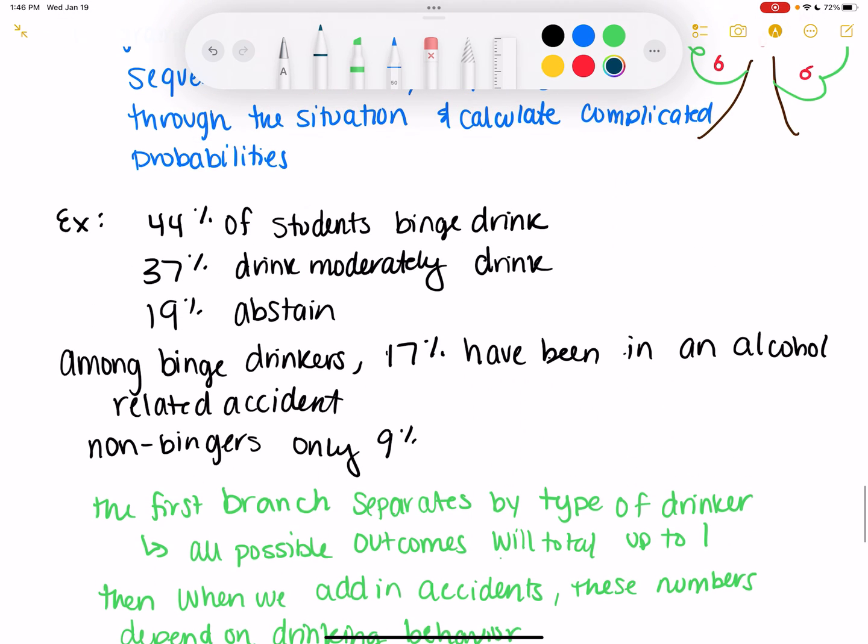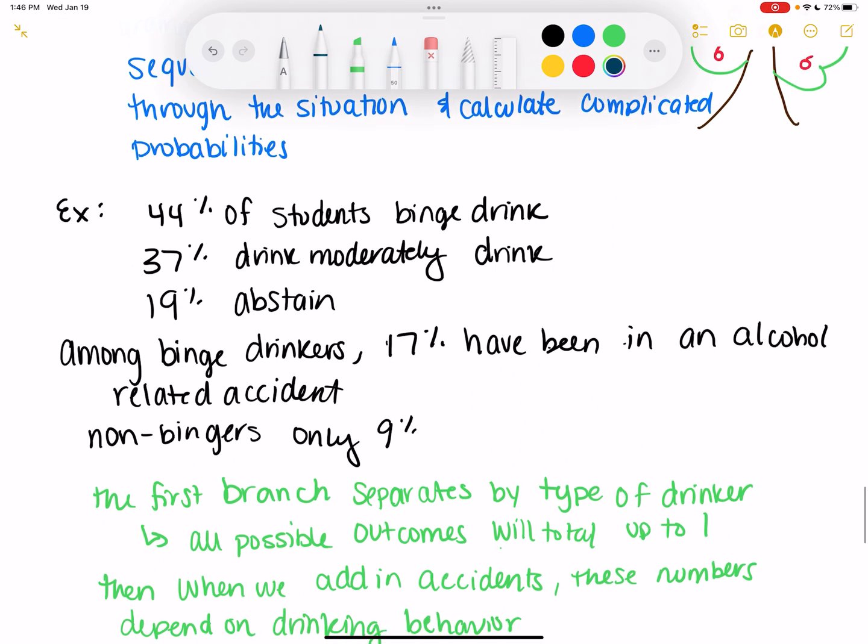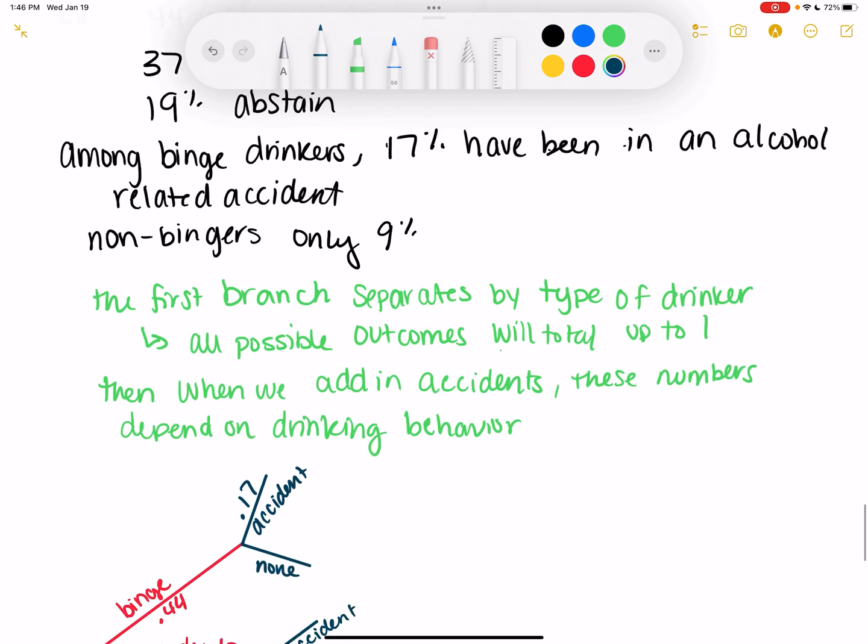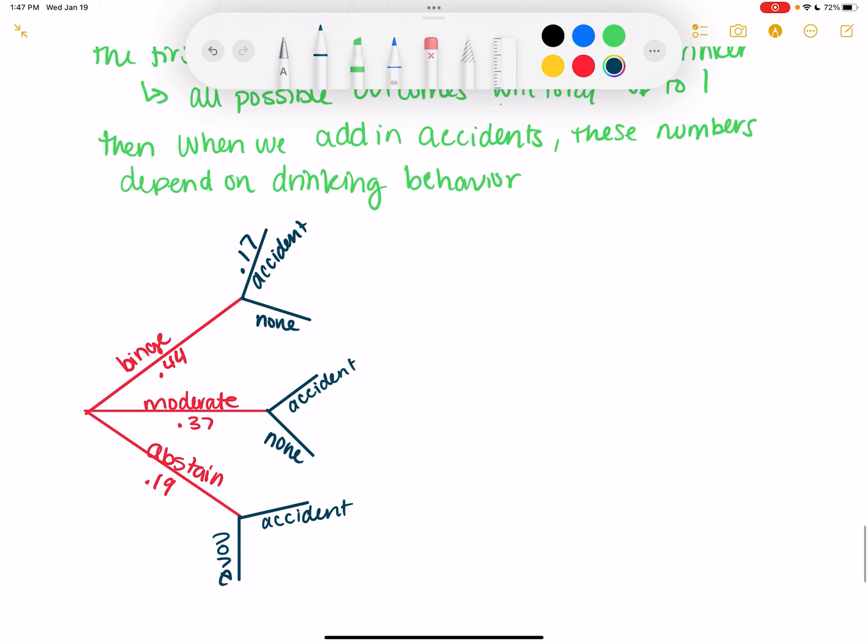Then it says for non-bingers, only 9%. So that 9% is actually just going with moderate, because it is relating to alcohol-related accidents. If you don't drink, you can't have an alcohol-related accident. So under accident for moderate, we would have 0.09.